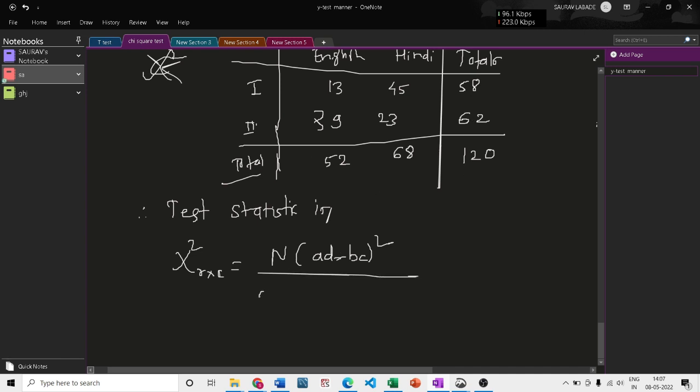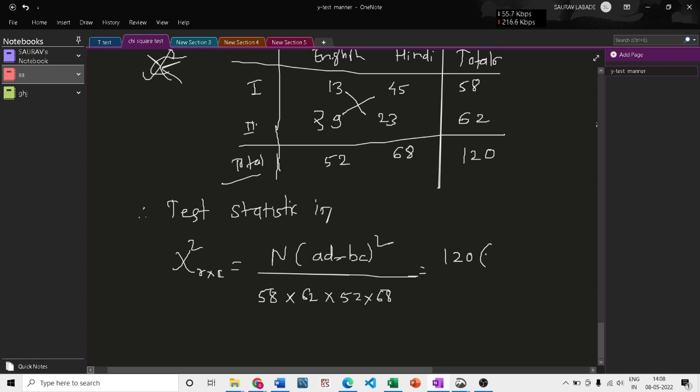That means 58 multiplied by 62, 52 and 68, right? And the numerator is just cross multiplication, this minus this. N is given, that is 120 into 13 into 23.